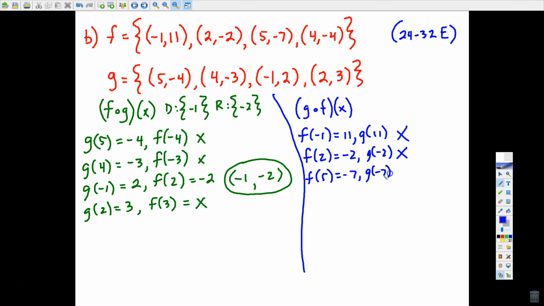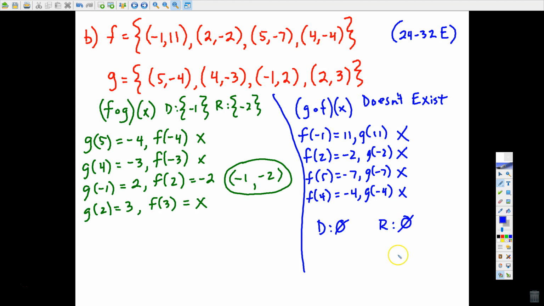So when I use -7 as an input in the g, that doesn't exist. And then finally, f of 4 is -4. So what is g of -4? There is no -4 x-coordinate or input in the g function, so that doesn't exist. So the bottom line is this composition doesn't exist. And so the domain is just the empty set, and same for the range.